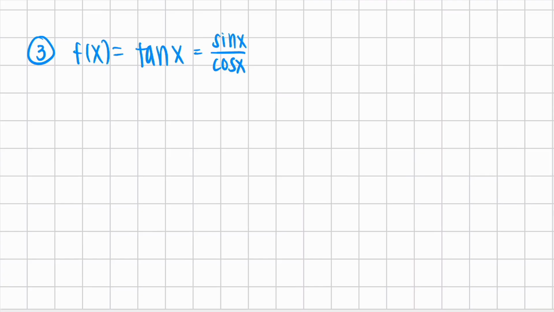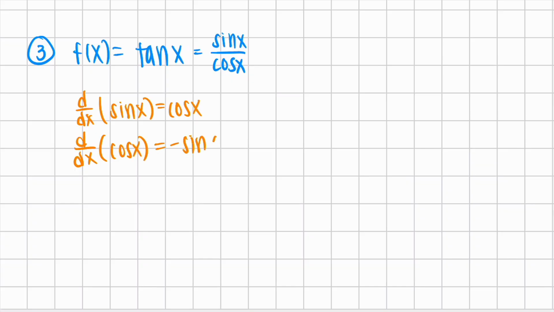Most students have derivative of sine and cosine memorized. So we are going to operate on that idea. And then just in case we need it, derivative of sine of x is cosine of x. Derivative of cosine of x is negative sine of x.